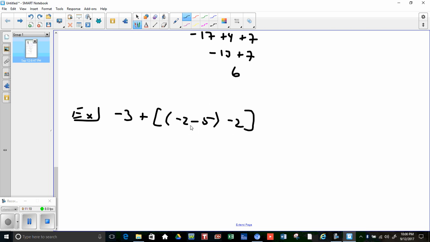I'm going to change it to an addition problem. So negative 2 plus the opposite of 5, which is negative 5. So we'll finish this part.